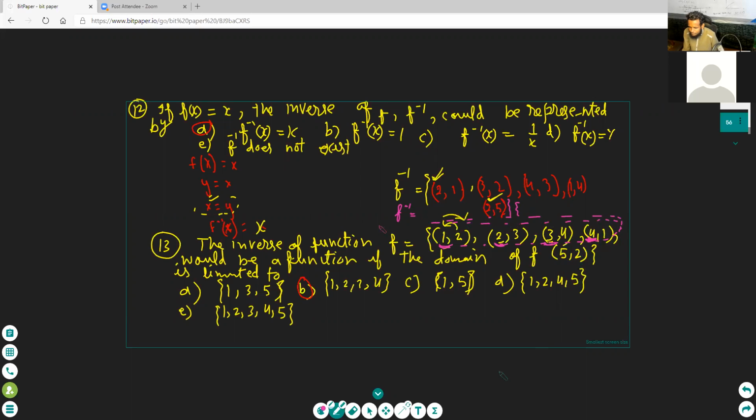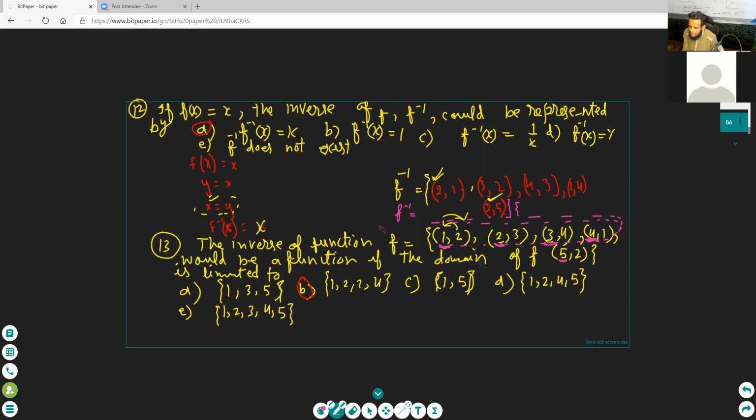I say when we take the complete function f, we take the domain 1, 2, 3, 4, 5. Then we add ordered pairs (1, 2), (2, 3), (3, 4), (4, 1), and (5, 2), because we are taking the domain from 1 to 5.